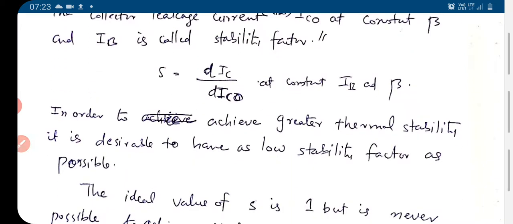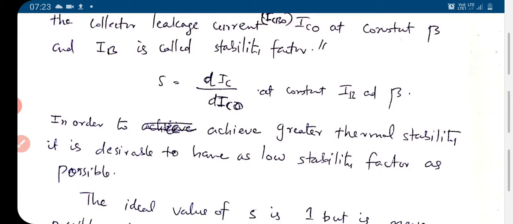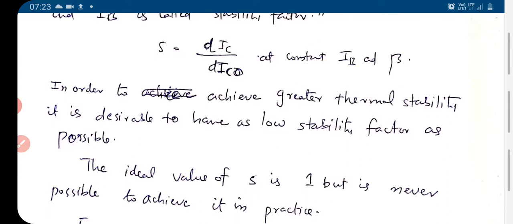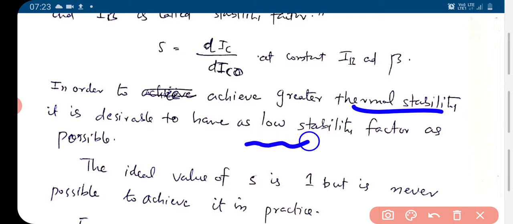In order to achieve greater thermal stability, it is desirable to have as low a stability factor as possible. The stability factor should be as small as possible.